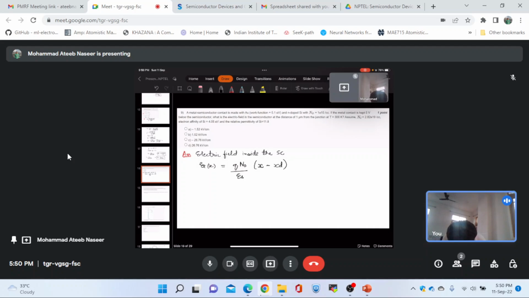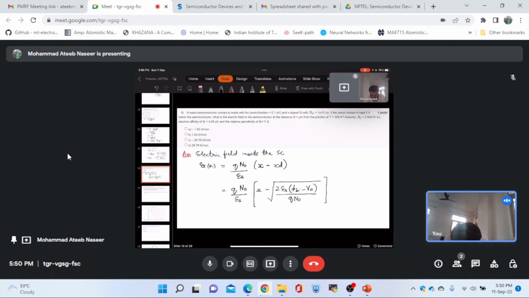Now we know the expression for the depletion width. It is x d equal to the square root of 2 times epsilon s (phi bi, the built-in potential, minus Va) by Q N D. This means that we need to find the built-in potential first.